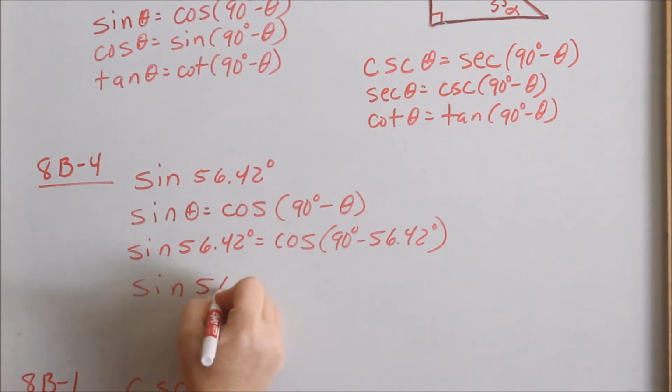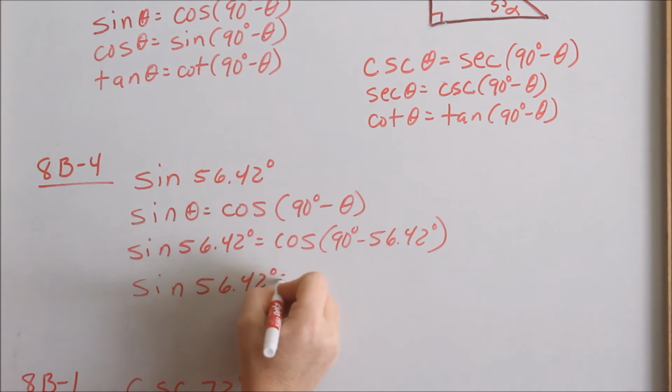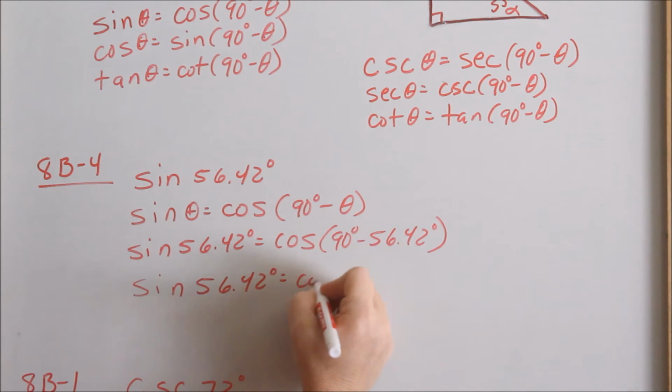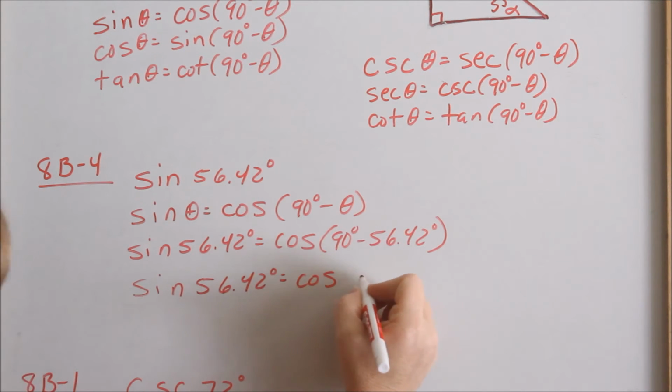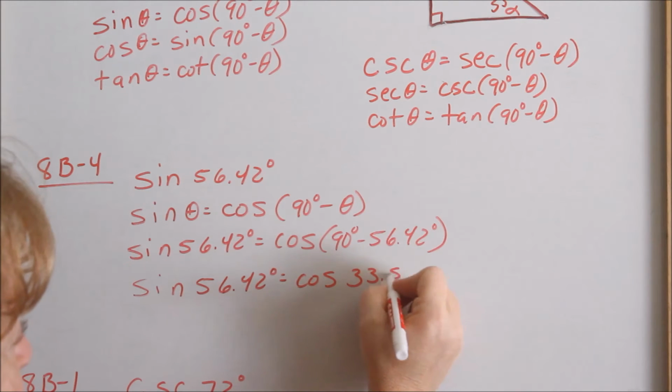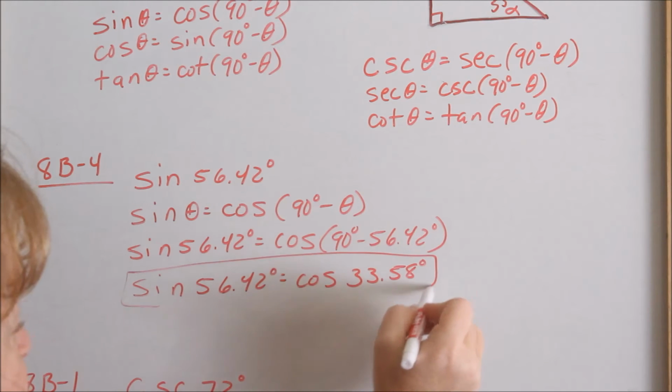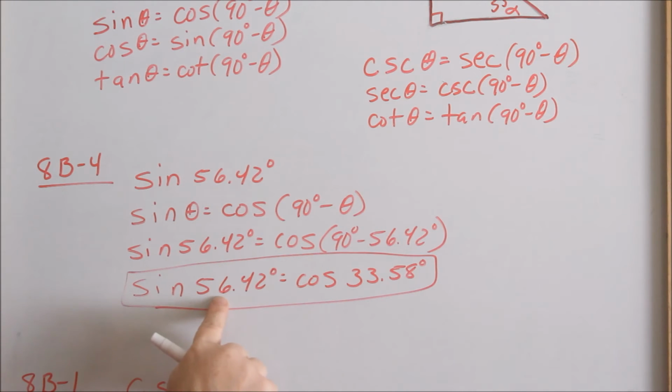So that would be cosine of 33.58 degrees. If you don't believe me, you can put sine 56.42 degrees in your calculator, get a decimal for that, get a decimal for this, and they will be the same thing.